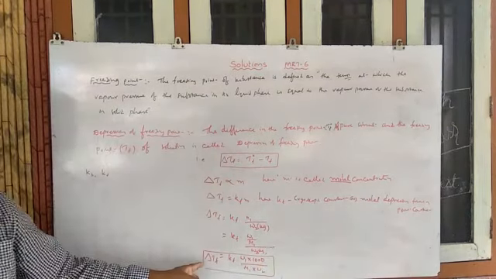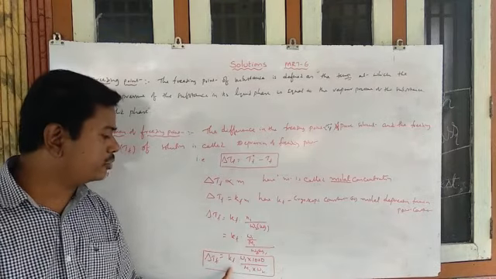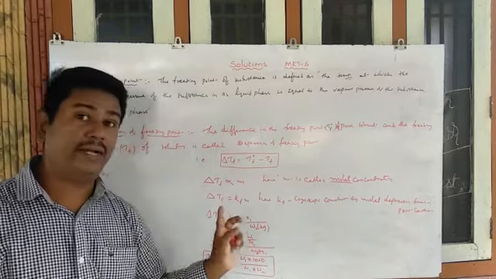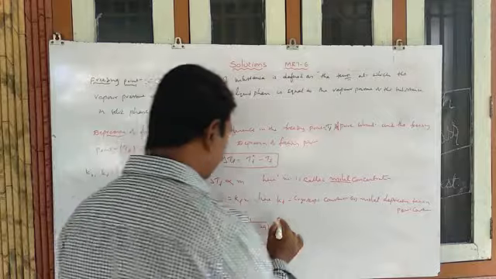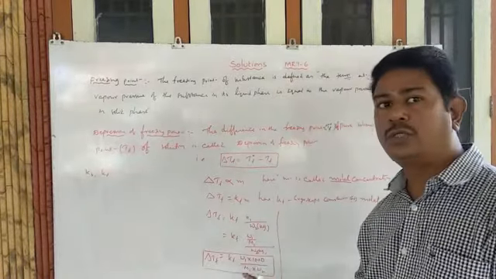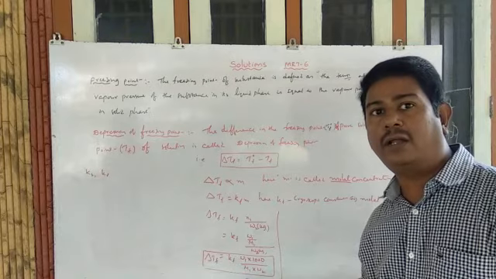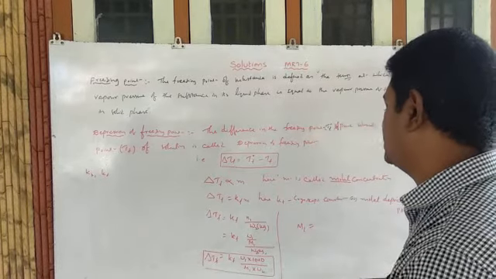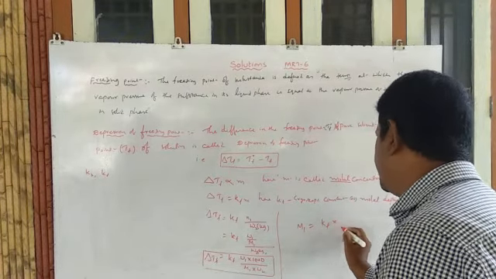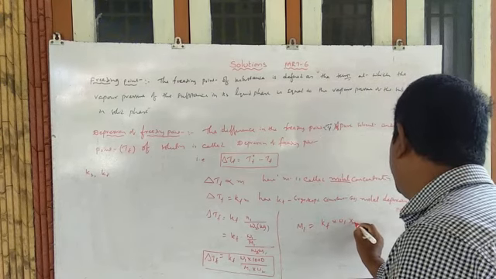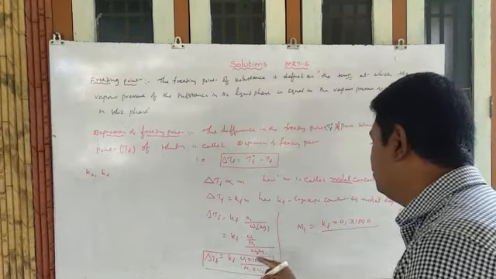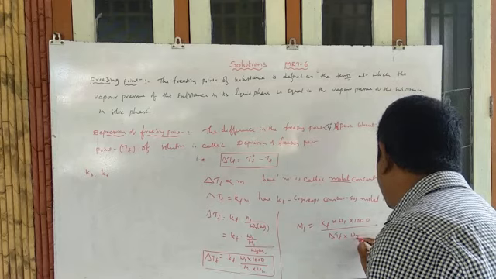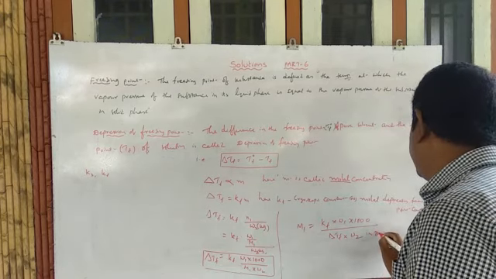That is the relation between depression of freezing point, cryoscopic constant, molar mass of solute, weight of solute and weight of solvent. Clear? From this, the unknown solute gram molar mass can be calculated as M1 equal to Kf, cryoscopic constant, into weight of solute into 1000, by delta Tf into weight of solvent in grams.